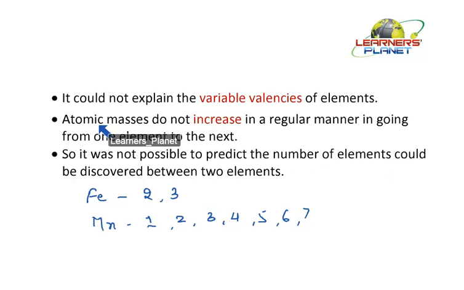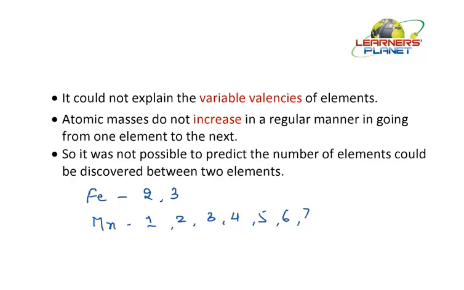Now the atomic masses do not increase in a regular manner in going from one element to the next. So when you see Mendeleev's periodic table, you'll find that the increase in the atomic weight is not regular or consecutive, as there were very few elements at that time.